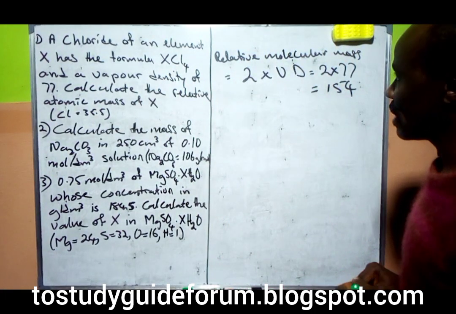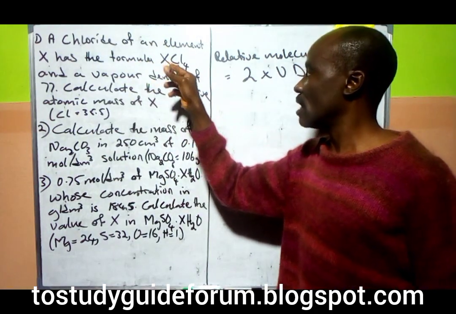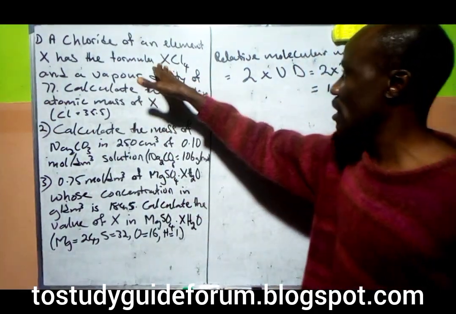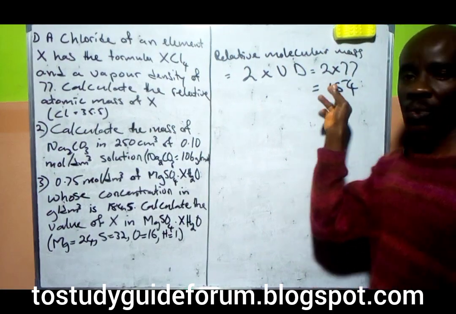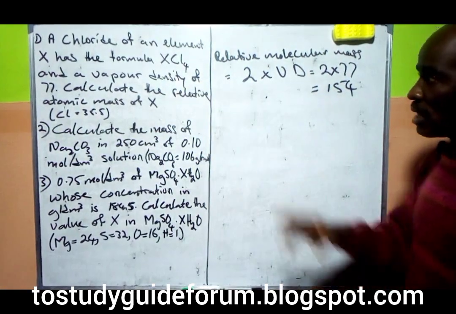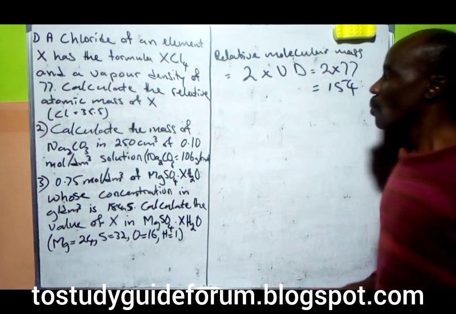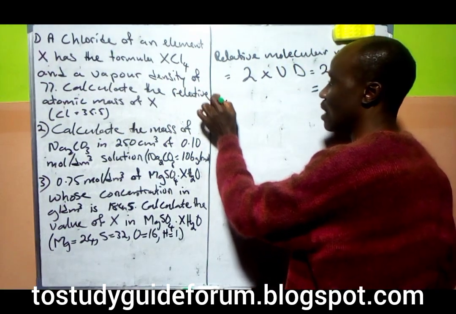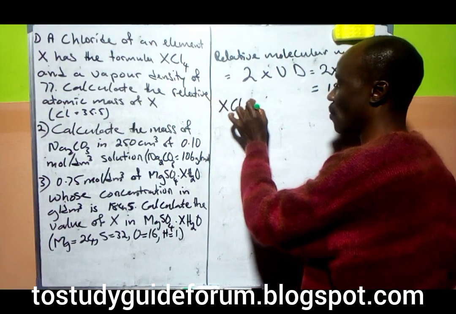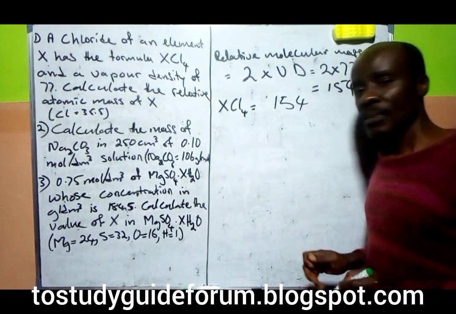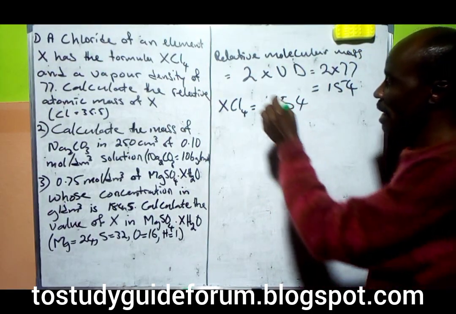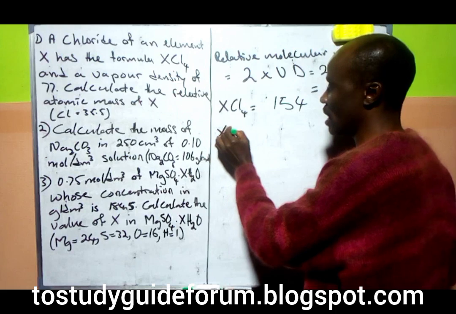We know that from the formula, when we sum all the relative atomic masses of all these elements joined together, we get the relative molecular mass. So that is what we are going to do now. XCl4 will give us the same. We don't know X, so that means X plus chlorine.